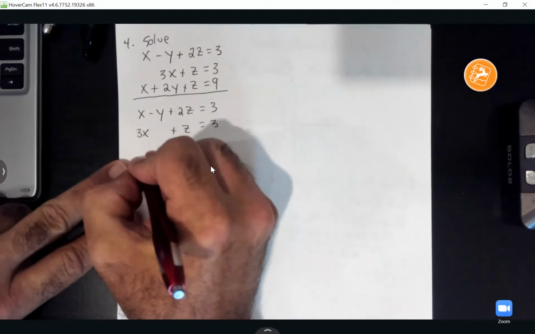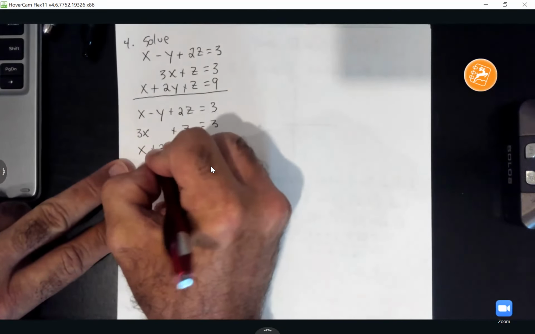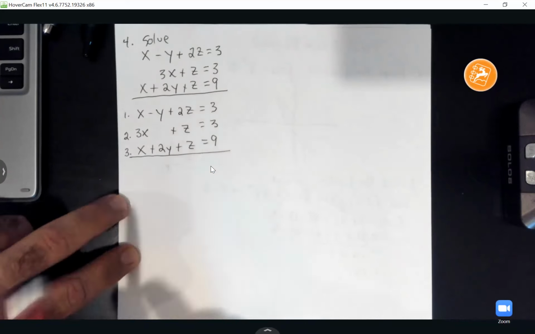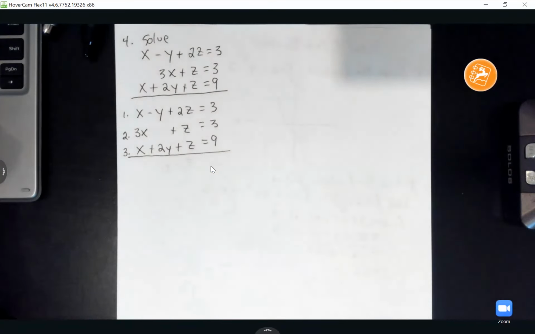And then down here is my x plus 2y plus z equals 9. So I've got row 1, row 2, and row 3. I'm just numbering my rows so that y'all can see what I'm actually doing when I'm solving this.